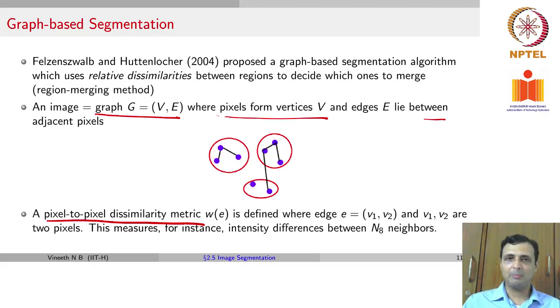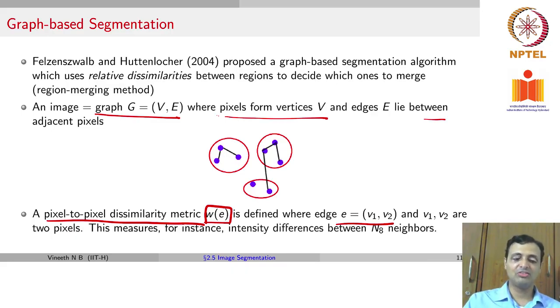But whatever be that measure, you have a pixel to pixel dissimilarity metric, which is defined as W of E, which is the weight of that edge joining those two pixels on which we are defining the dissimilarity, where edge E is given by V1, V2, where V1 and V2 are 2 pixels.